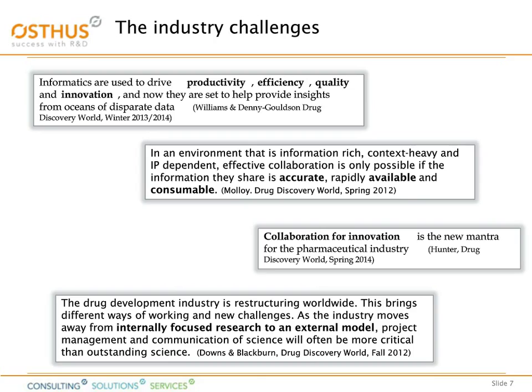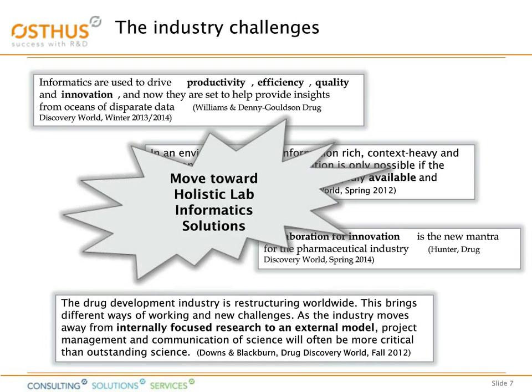And there is a move towards a holistic lab informatics solution. This, as an example, may be large data warehousing or initiatives in the big data field. Many of the big companies have already started initiatives in that area.